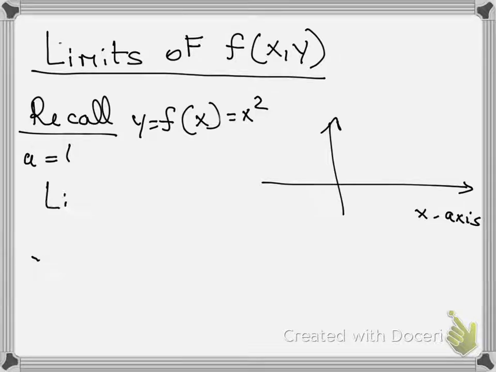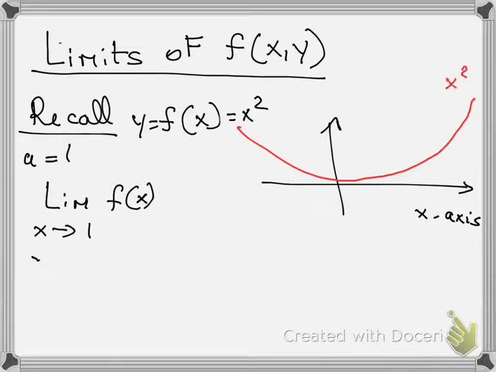What's the limit of f of x when x approaches 1? Here's the graph of x squared, and this is 1 here. Of course f of 1 is 1 squared, which is 1.